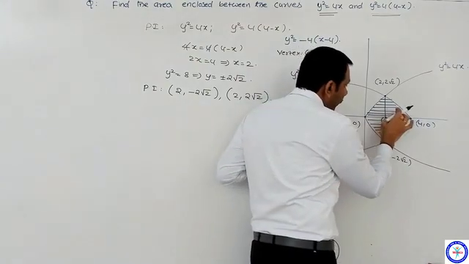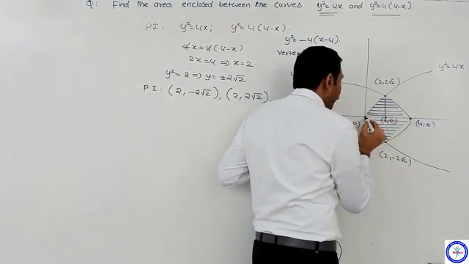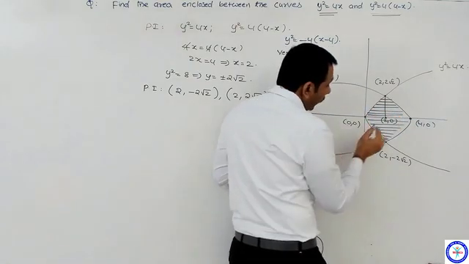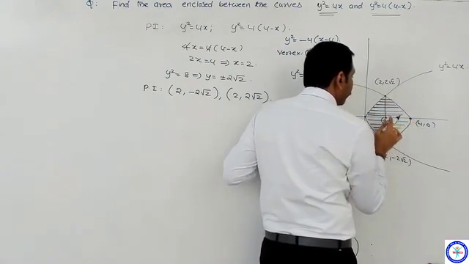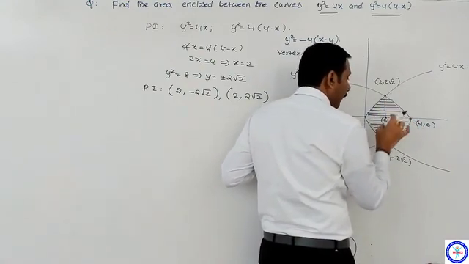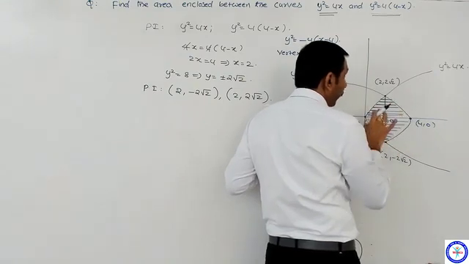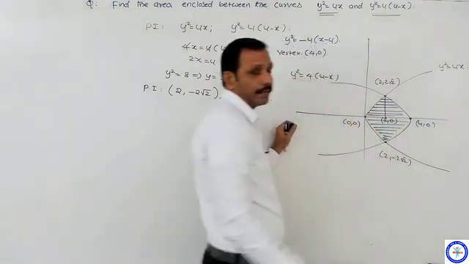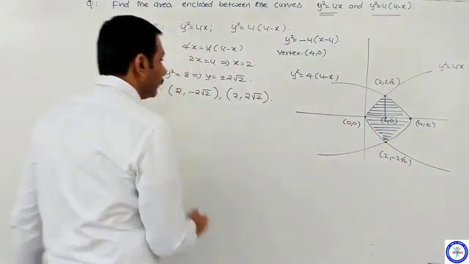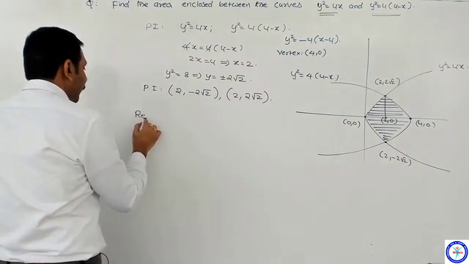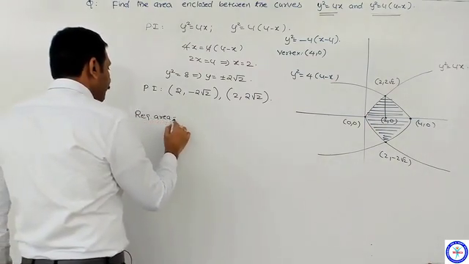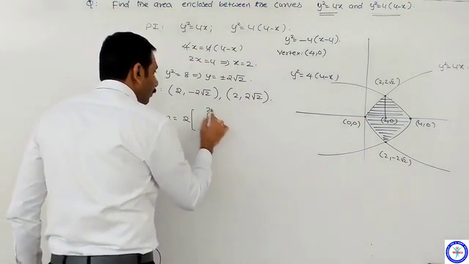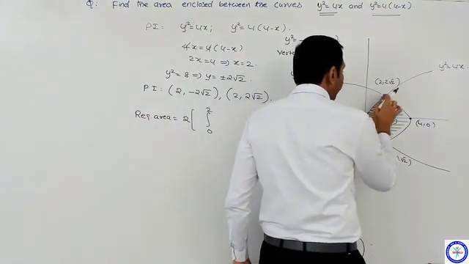Therefore, to find this complete area means I have to find area bounded by this curve with x axis from 0 to 2 and 2 to 4 bounded by this curve. After finding that area, I will multiply with 2 to get total area. It is the way how you can find area between the curves with respect to x axis. Let me do that. Therefore, required area is equal to 2 times integral 0 to 2 bounded by this curve.